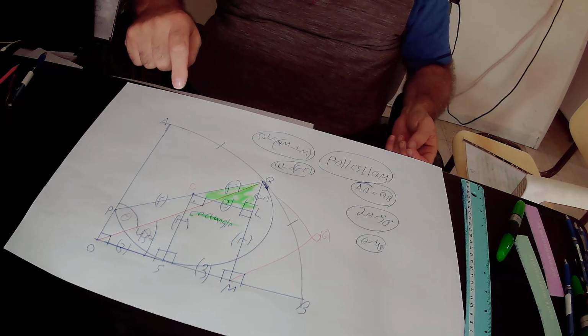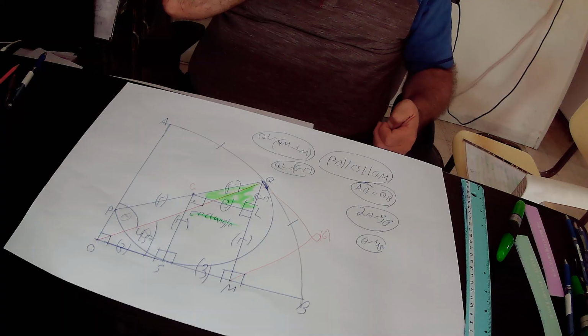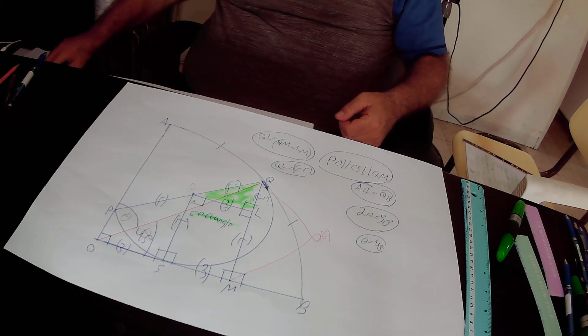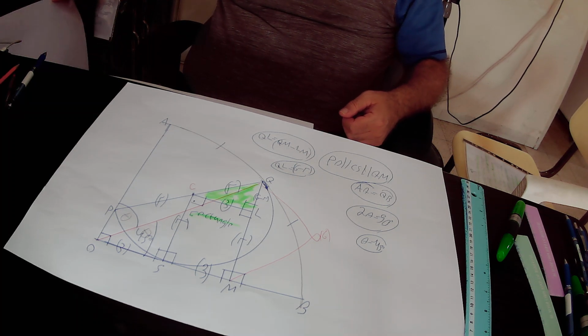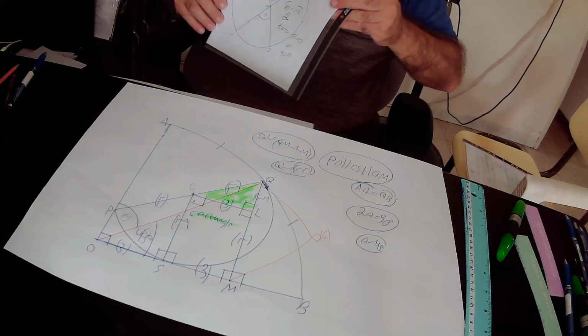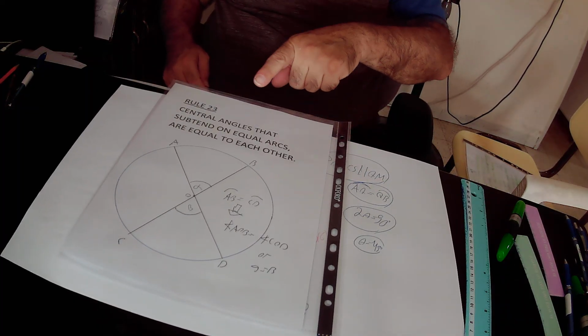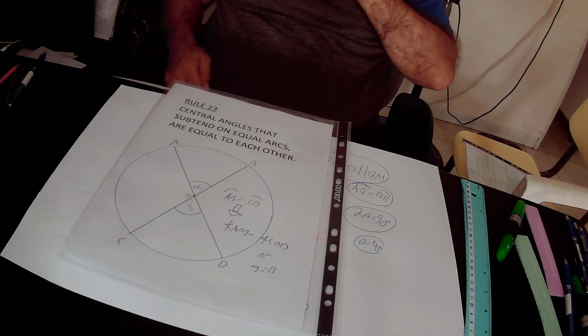Because arc AQ is equal to arc QB in length, according to Rule 23, center angles that subtend equal arcs are equal to each other.